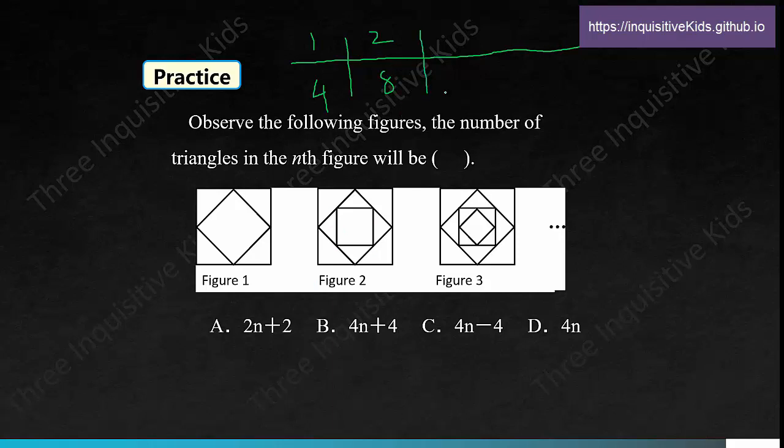Figure number 3, we have, let's see, 1, 2, 3, 4, 5, 6, 7, 8, 9, 10, 11, 12 triangles. So to the nth figure, it is very clear that it's 4n. So the answer is D.